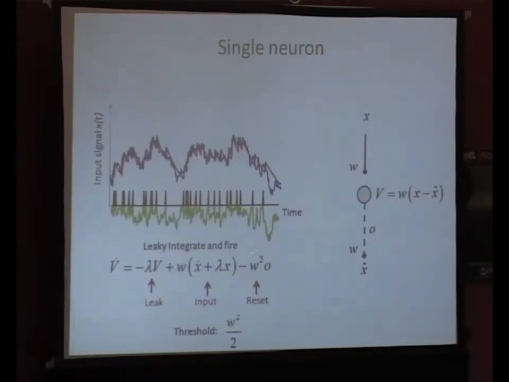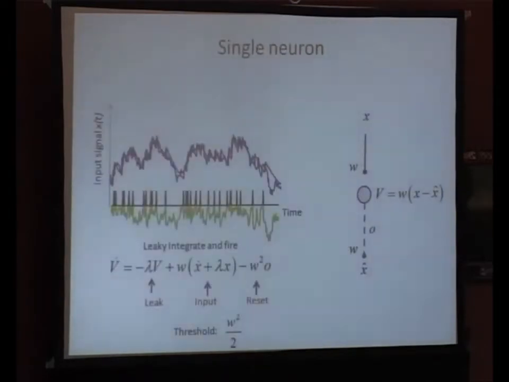Minus basically a reset mechanism which decreases the membrane potential by w squared whenever a new spike is fired. So what you get at the end is a simple integrate and fire neuron taking x as input and generating spikes by integrating up to the threshold and then resetting after each new spike. Okay?